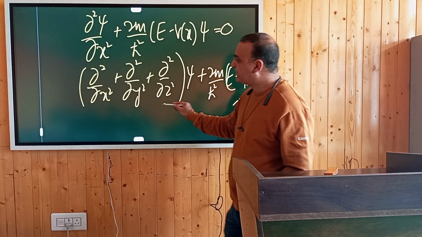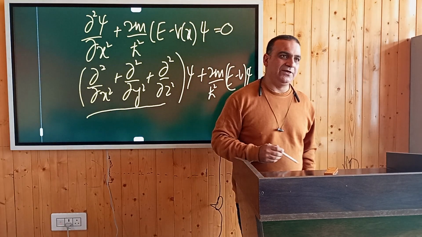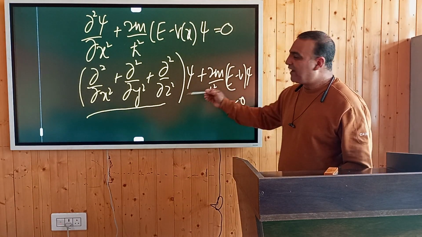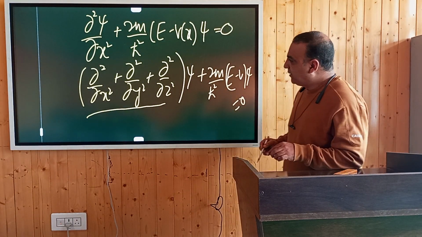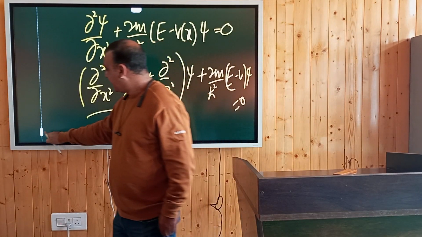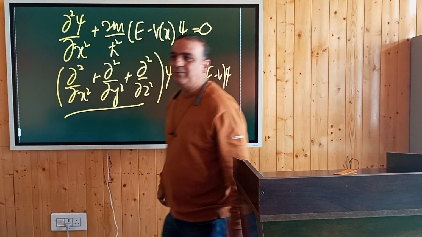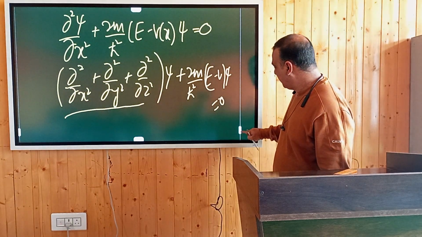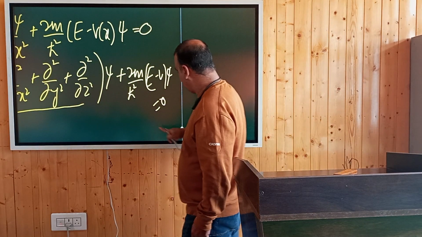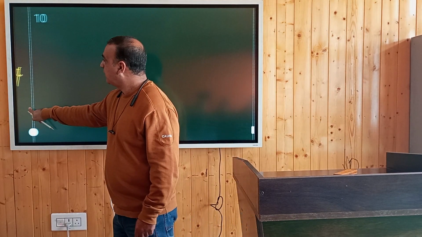Now, what is this? This is a Laplacian, right? So we can write down the Laplacian for this, and we can write down this time-independent Schrodinger's wave equation in 3 dimensions. So what will be that?